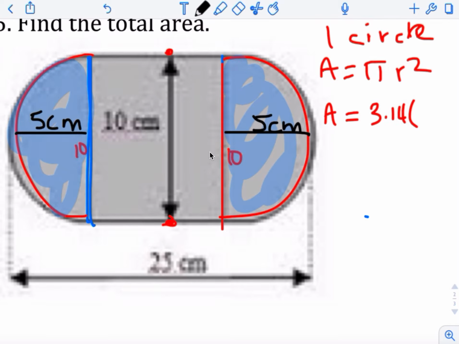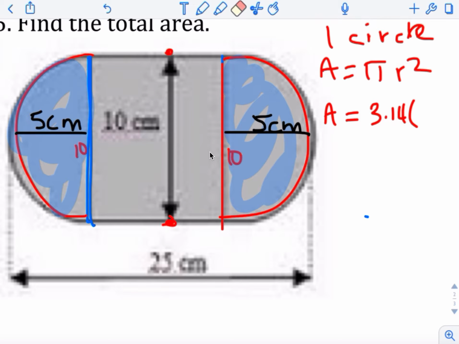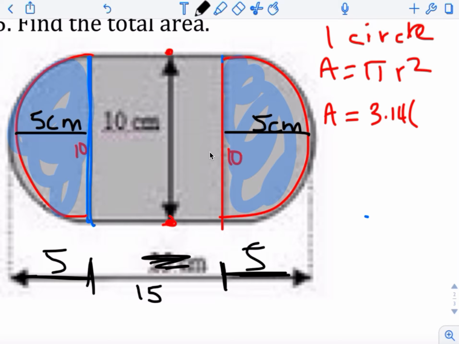Therefore this piece in the middle is 15, because 15 plus the 10 is the 25 total. See, the 25 is the total. If this piece is 5 and this piece is 5, then this piece is 15 to make the total of 25. Makes sense?